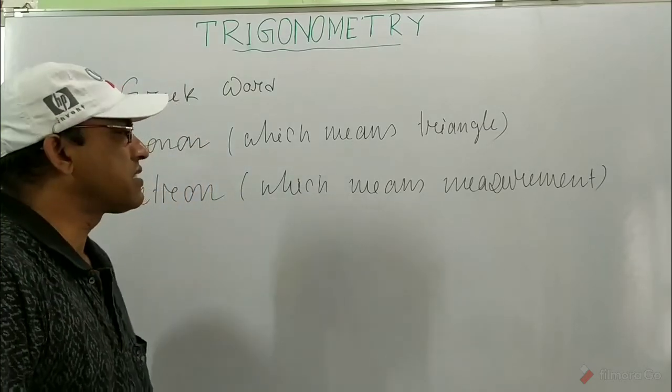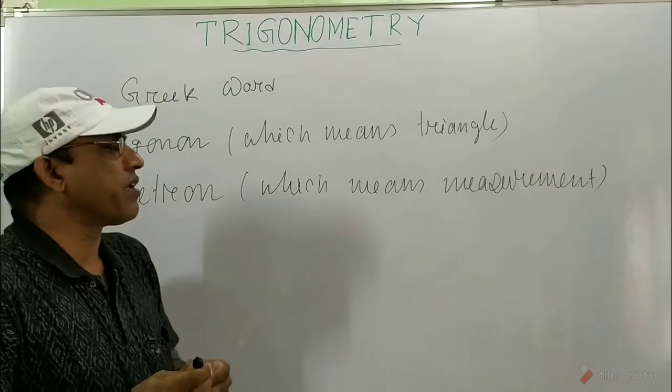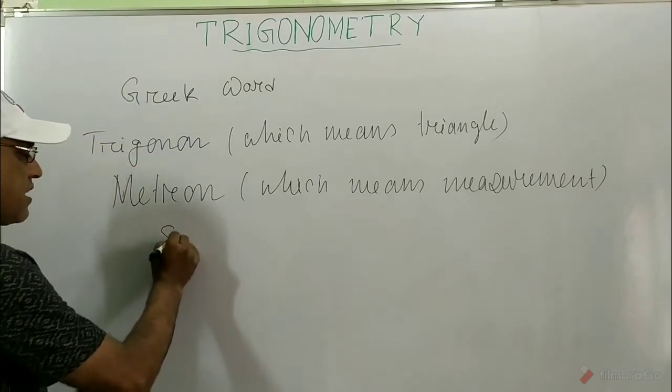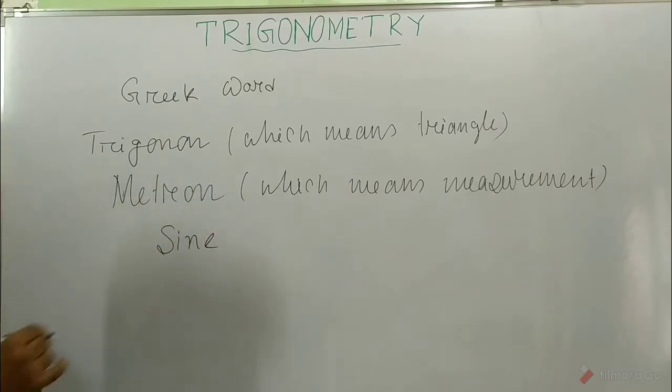Before discussing trigonometry, there are 6 ratios. The first ratio is sine.